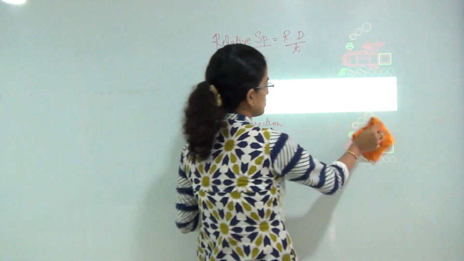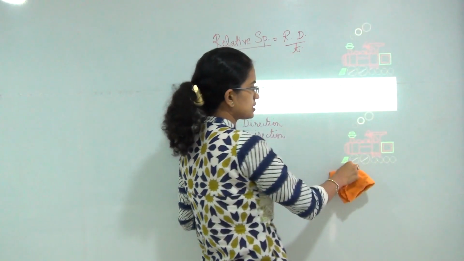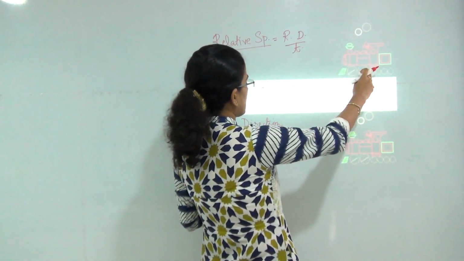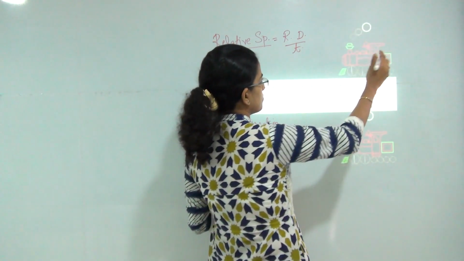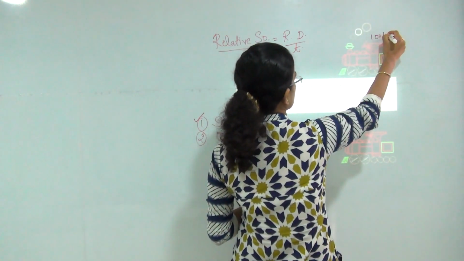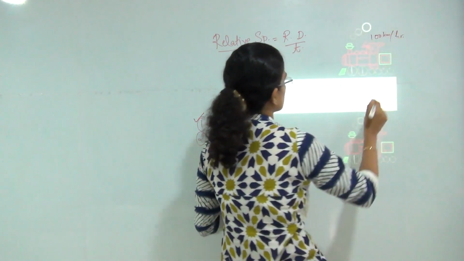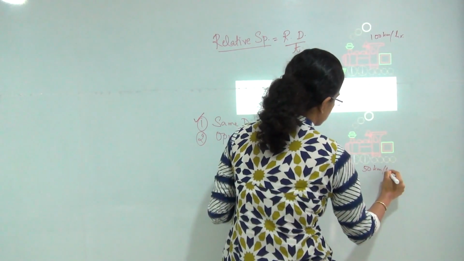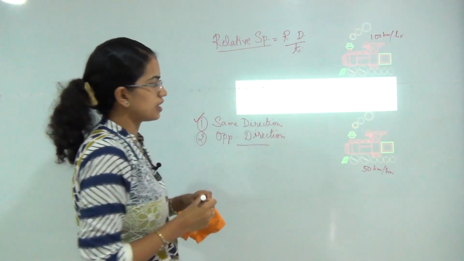So just coming back to the first slide, you have two trains starting at the same origin. Now this train is moving at a speed of say 100 kilometers per hour, and this train is moving at a speed of 50 kilometers per hour. So what would happen after 1 hour?